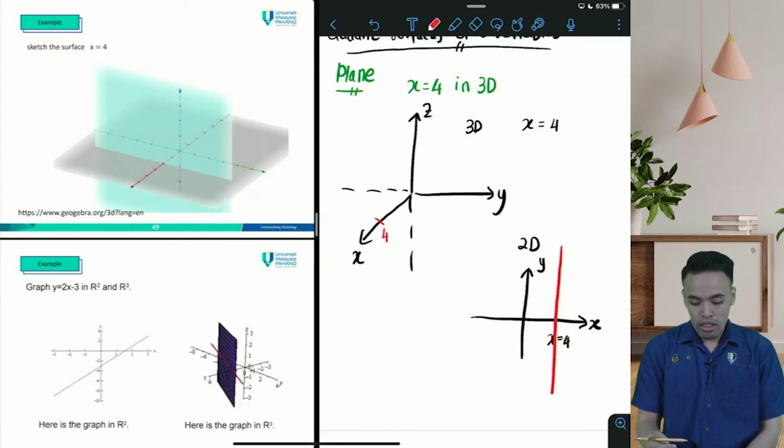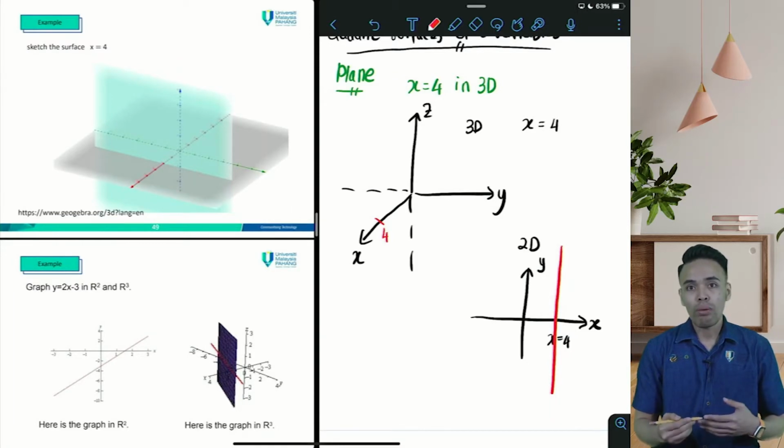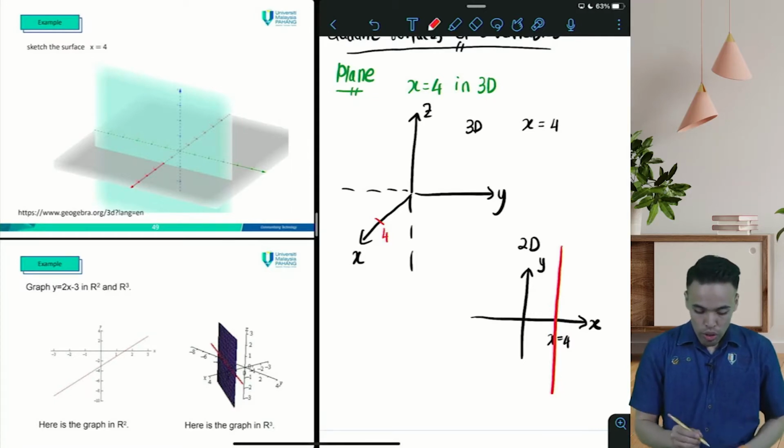So in the 3-dimensional coordinate system, if the missing variables are y and z, you can safely assume the values for y and z are arbitrary. In this case, you will end up with a plane which will be traced along the missing variables, or parallel to the missing variables.